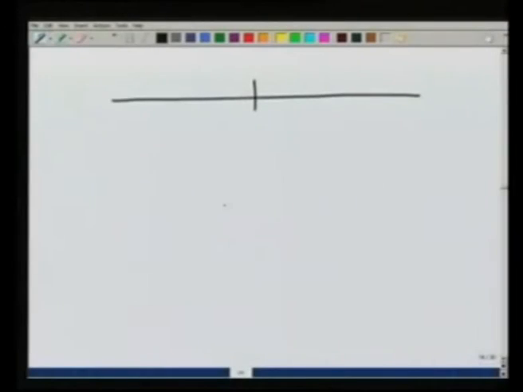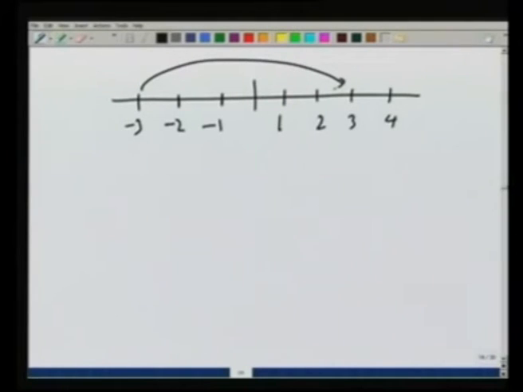If I go to number line, this is 1, 2, 3, 4, minus 1 is in the other direction, minus 2 is also in the other direction, minus 3 is in the other direction, and so on. If I multiply minus 3 by minus 1, it becomes 3. So, minus 1 times minus 3 becomes 3. What the multiplication by a negative number is doing, therefore, is changing the direction.